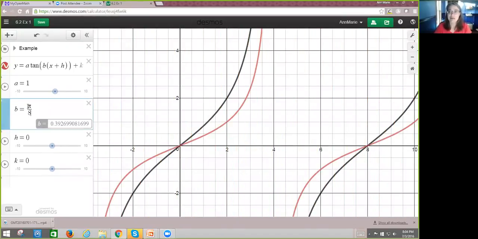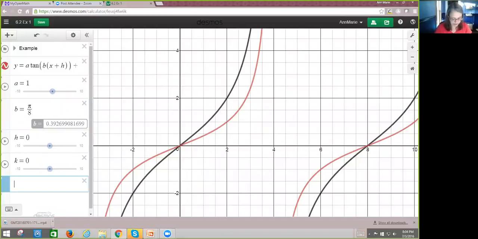There. Hey, I got my period right. But that means I've got a vertical stretch too. How do I figure that out? Well, it looks like the point (2, 2) might be on my graph of my function, and it is.